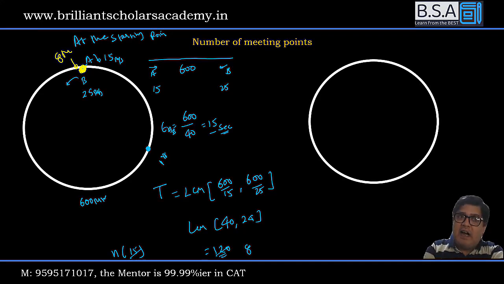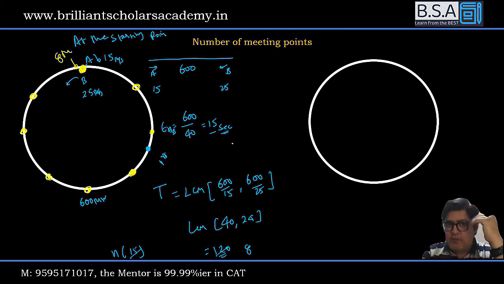That means after the start, before they meet here, they have met exactly 7 times. So I can easily claim there are a total of 8 points on the circle where they can meet. These yellow points are the 8 points.